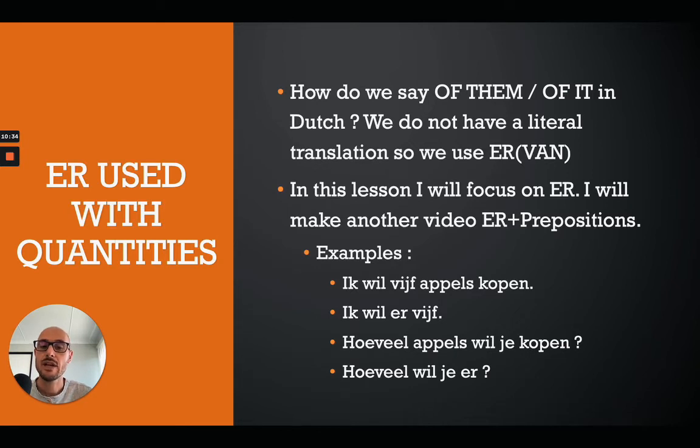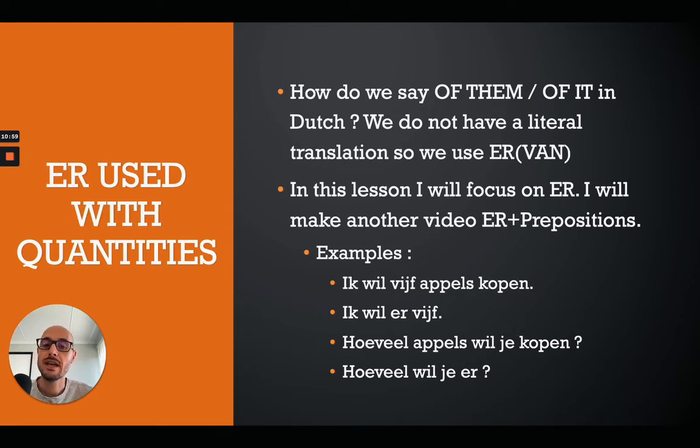Now, let's take a look at the examples and I will explain to you how it actually works. So, 'ik wil 5 appels kopen.' I want to buy 5 apples, right? 'Ik wil er 5.' That would translate literally as 'I want 5 of them', okay? Third sentence, 'hoeveel appels wil je kopen?' How many apples do you want to buy? Or 'hoeveel wil je er?' How much or how many do you want of them? That would be the literal translation.